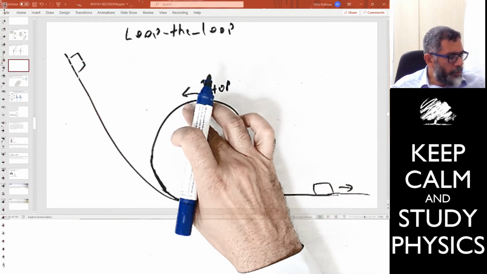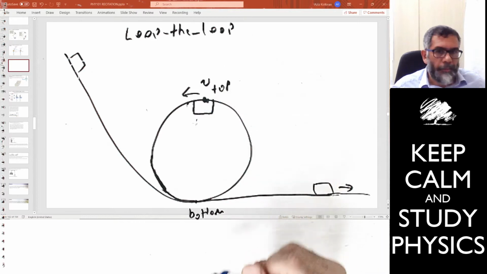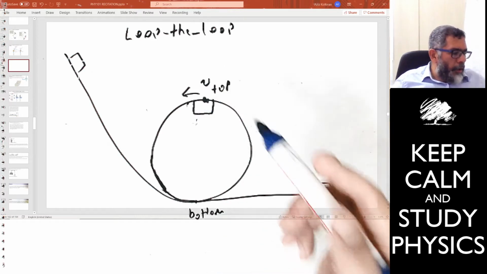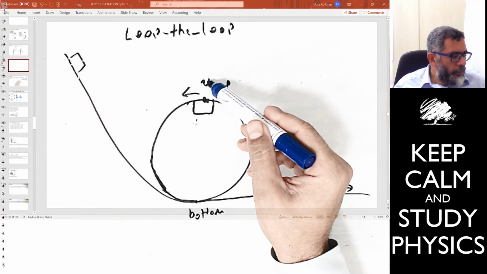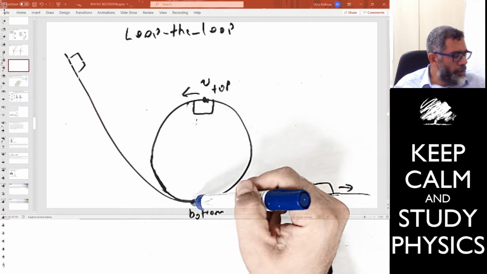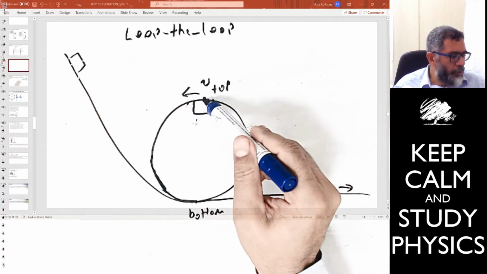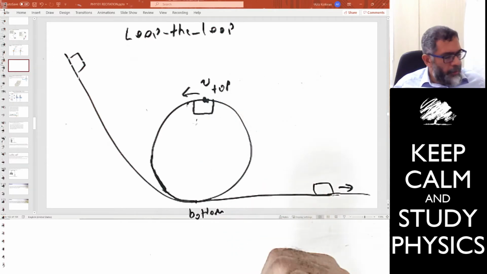Let me put this object right over here at the top. What is this minimum speed right at the top, so that the object makes the full circular motion without losing contact?